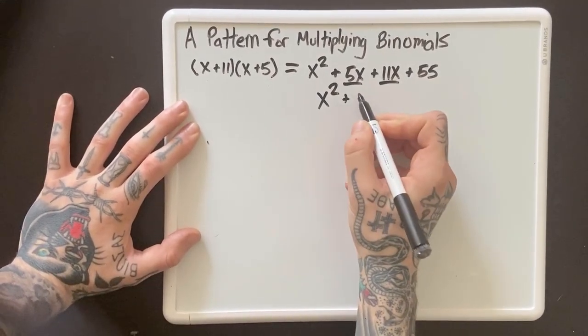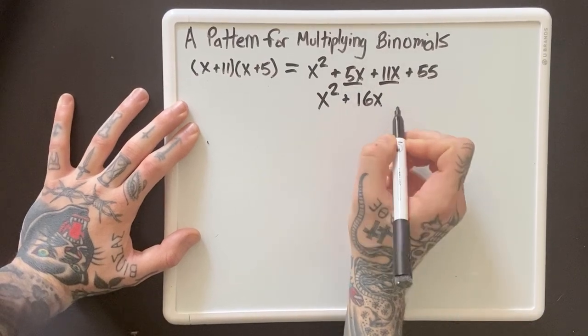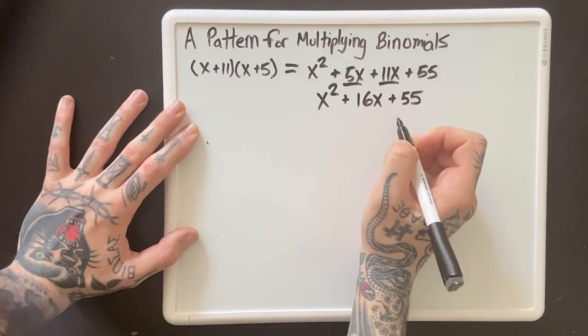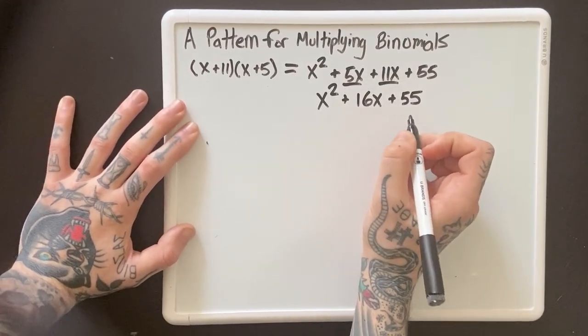So we get plus 16x plus 55. And now it's completely simplified.